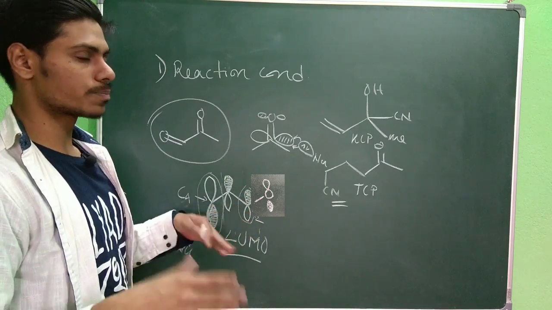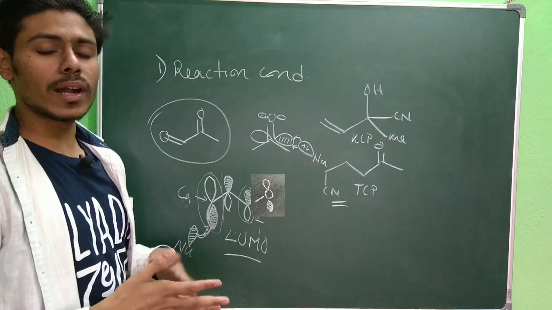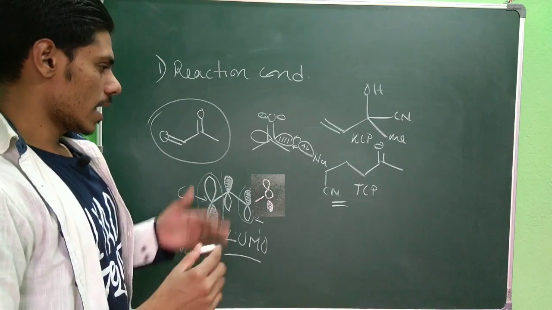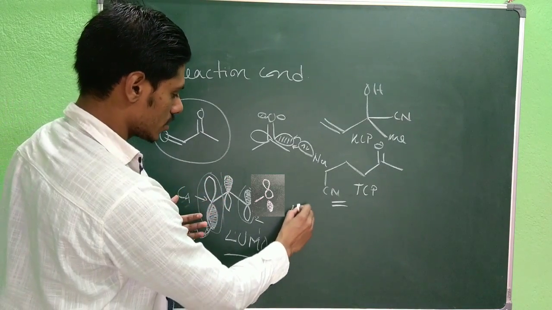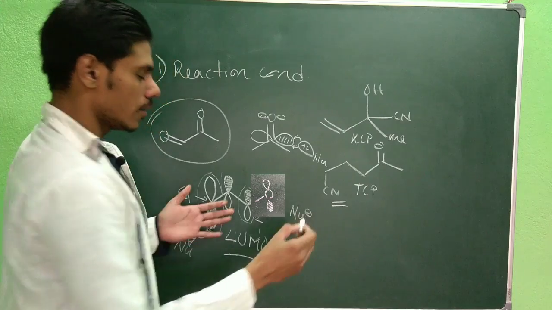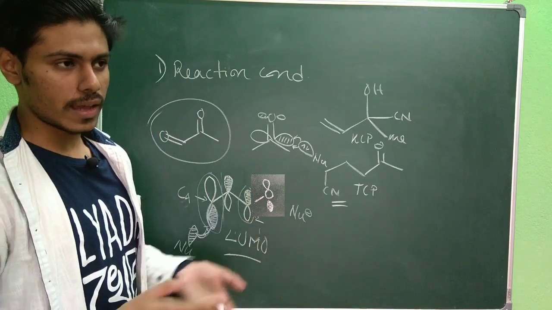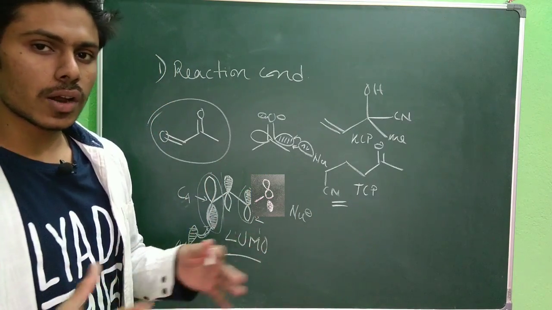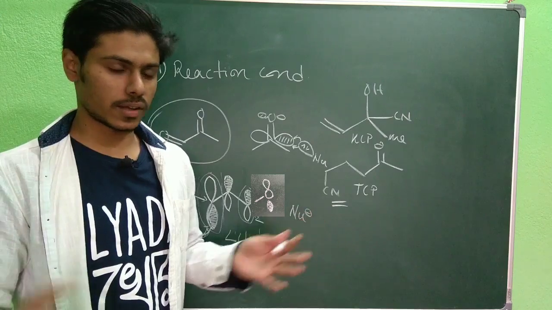Okay, now why is the 1,2 reaction so common? Because if you have any negatively charged nucleophile, its reactions are controlled by the charge, the Coulombic interaction.